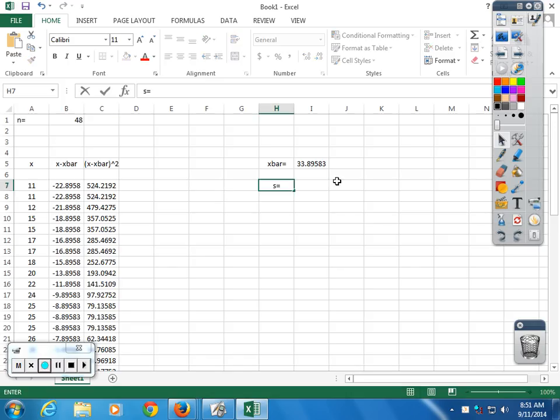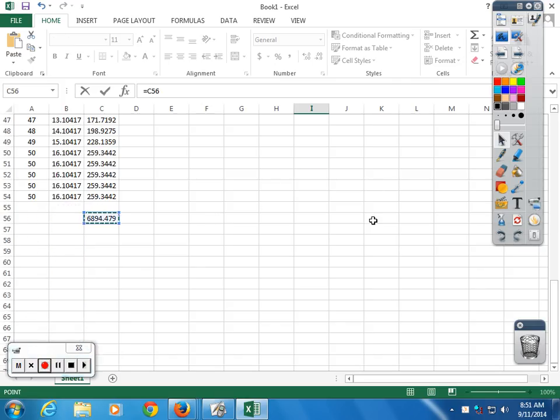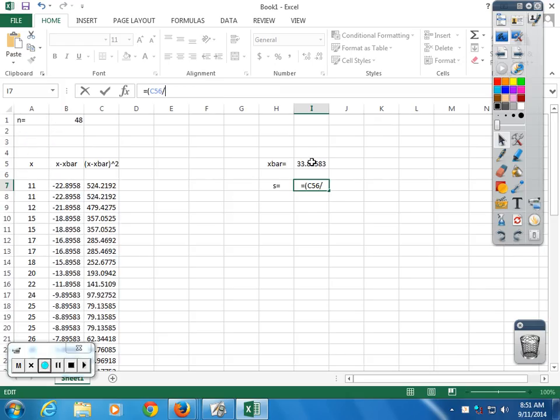Standard deviation is equal to this guy, divided by parentheses, this guy minus 1, raised to the 0.5 power, or square root, whatever you want to call it. I get 12.1. What'd y'all get?